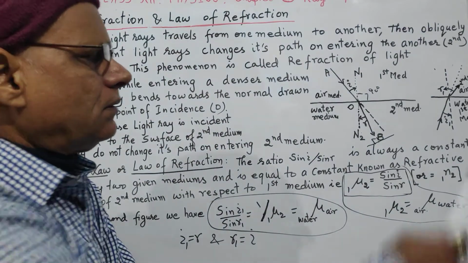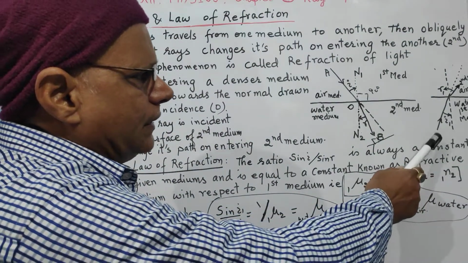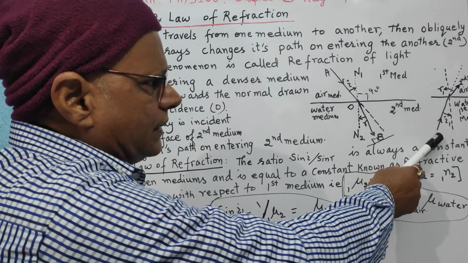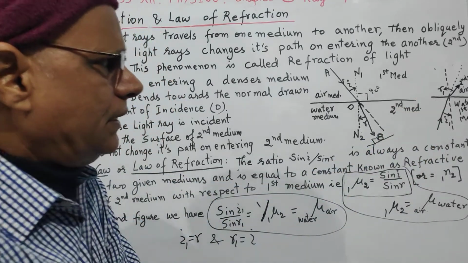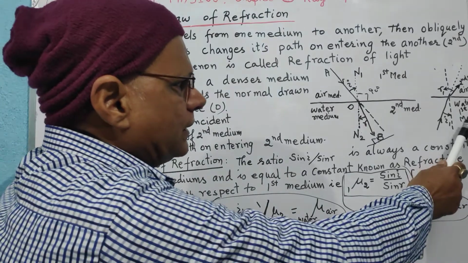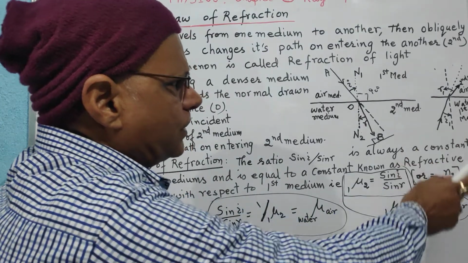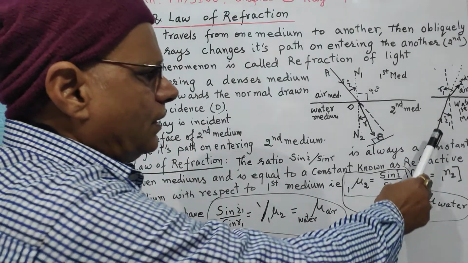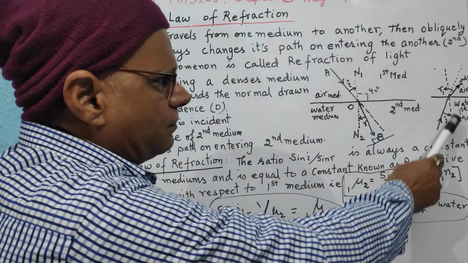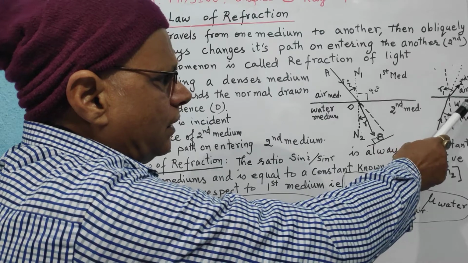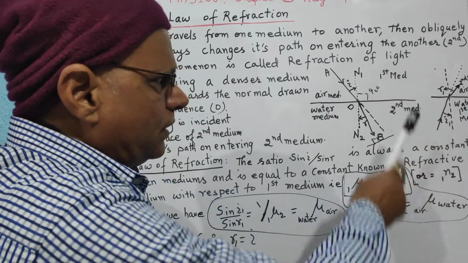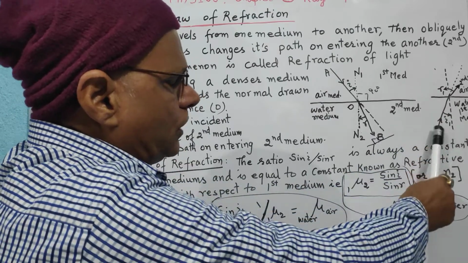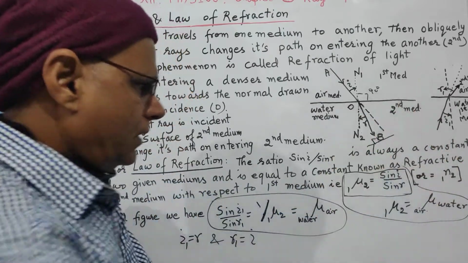Well, you see, if we have a case where the light ray is incident from a denser medium into a rarer medium, that means in this case water is the first medium and air is the second medium, then we have sin I1 by sin R1 equal to the refractive index of the second medium, that is air, with respect to the first medium, that is water.